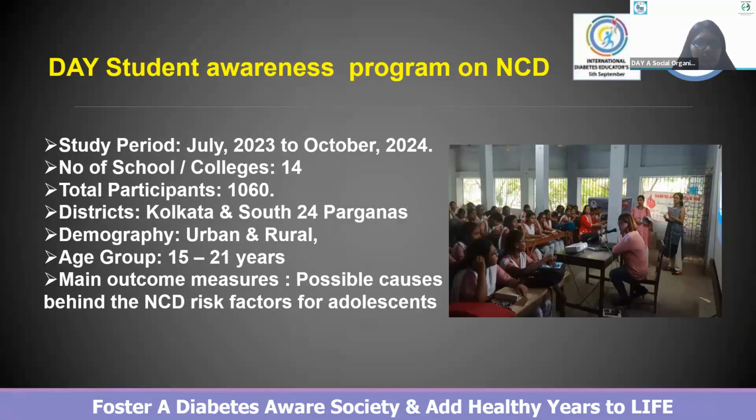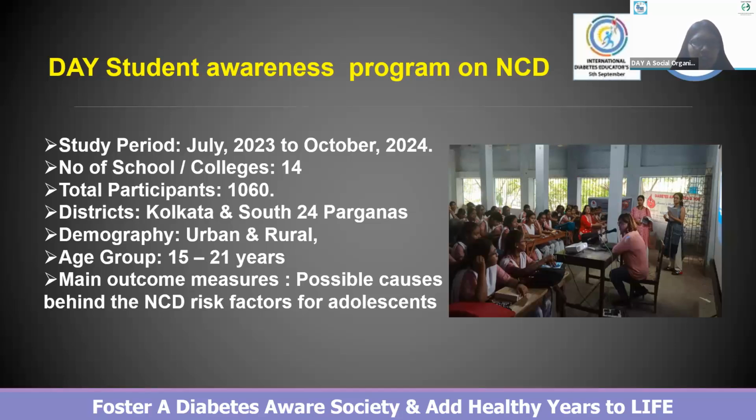I have already mentioned the time period. In this period, we visited 14 schools, and the total number of participants was 1,060. The area was Kolkata and South 24 Parganas in West Bengal.